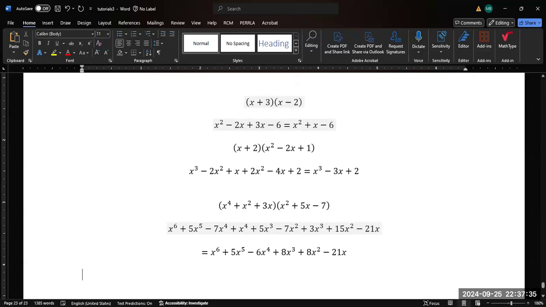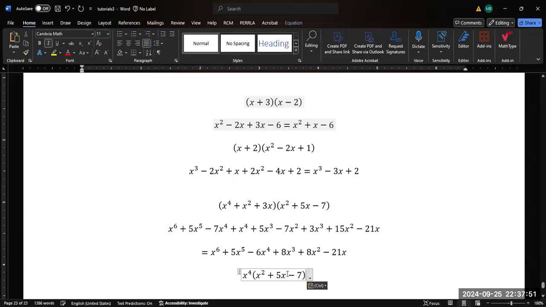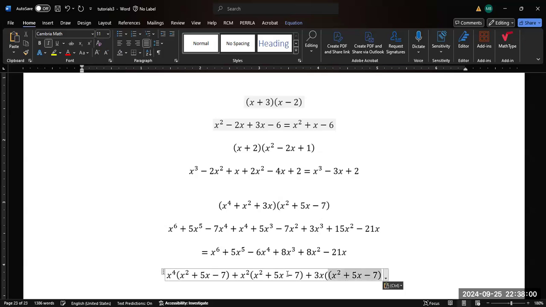So again, the idea here, simply try to be methodical. You will sometimes see, especially when you're first learning how to do this, this written out as x to the fourth times the second parentheses, and then x squared times the second parentheses, and then 3x times the second parentheses.